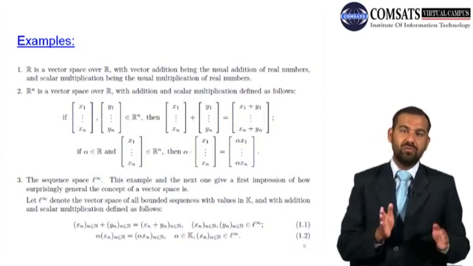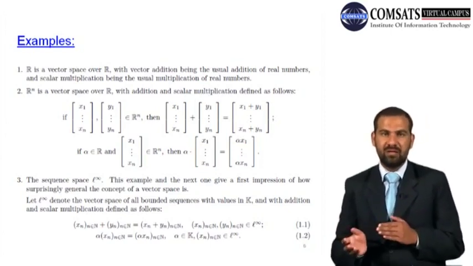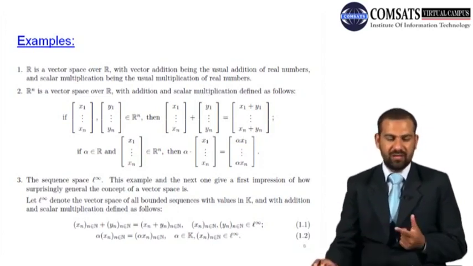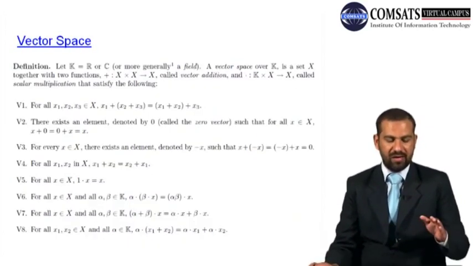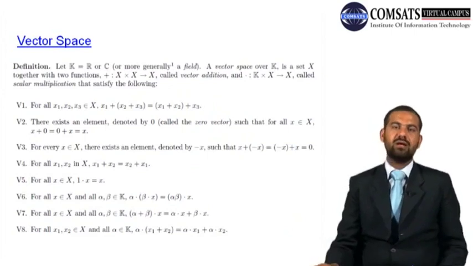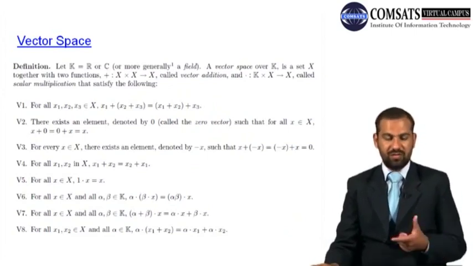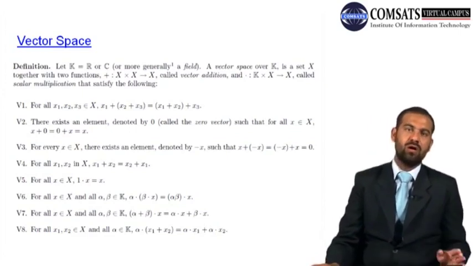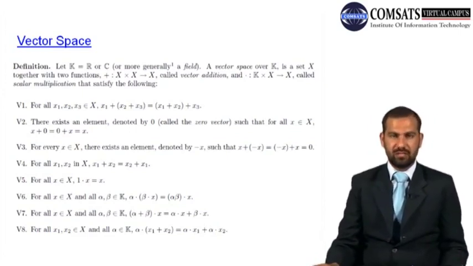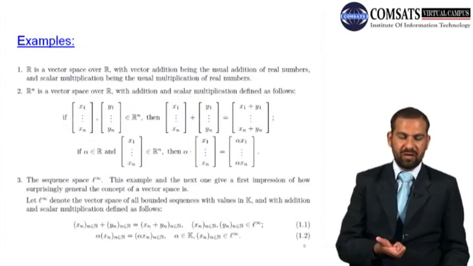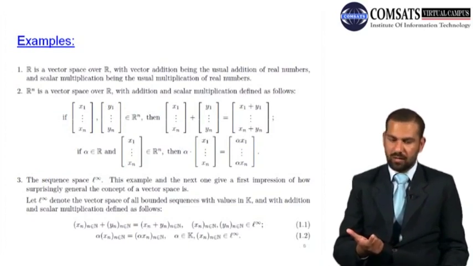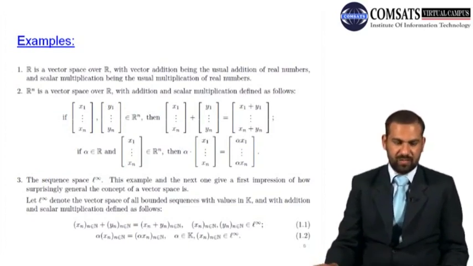We know that the sum of two real numbers is a real number, and the product of two real numbers is a real number. So real numbers satisfy all 8 axioms of a vector space. R is a vector space because it satisfies all these axioms.